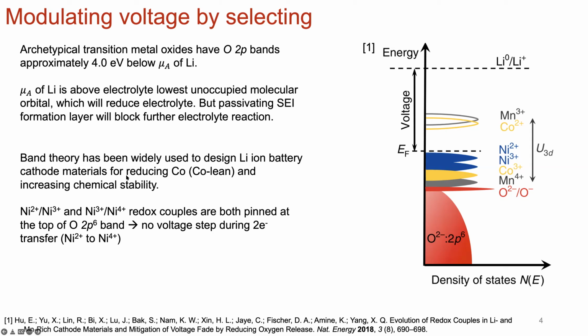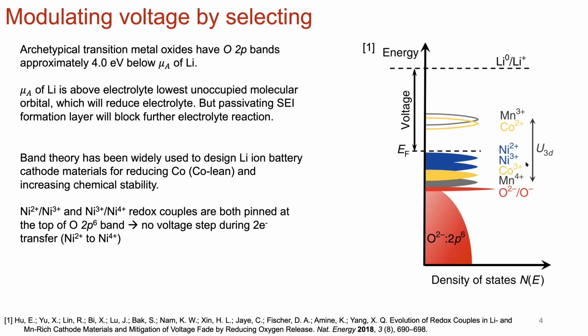And so before, we've talked about not this particular band structure, but we talked about the molecular orbitals of a transition metal cation sitting in an octahedral environment. And so for lithium manganese oxide, we talked about what happens when it's LiMn2O4 going to Li2Mn2O4, and how that Jahn-Teller distortion affects the chemical stability of the material and thus the cyclability of the cathode itself.